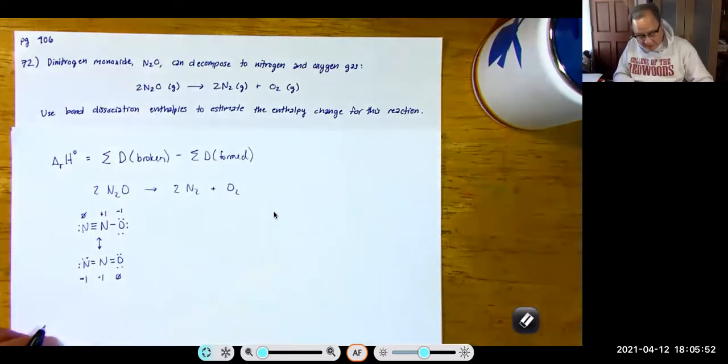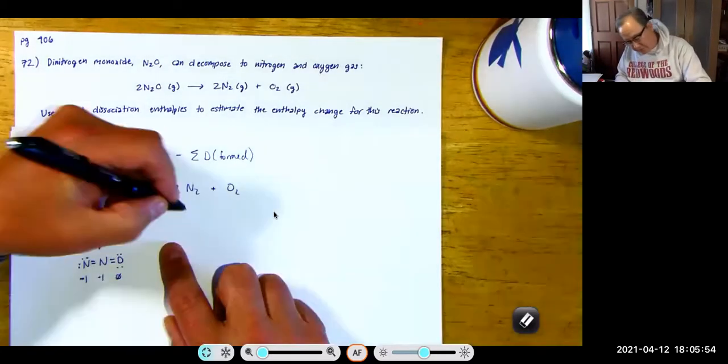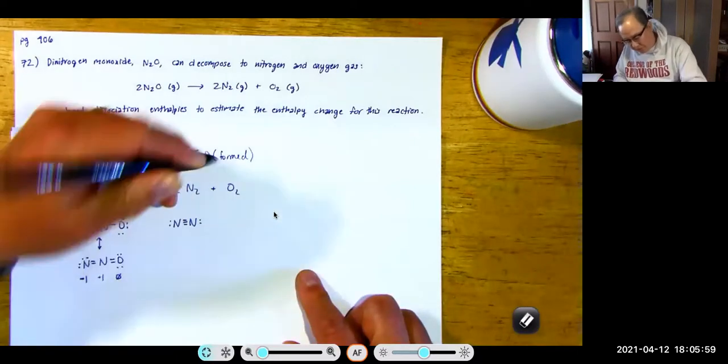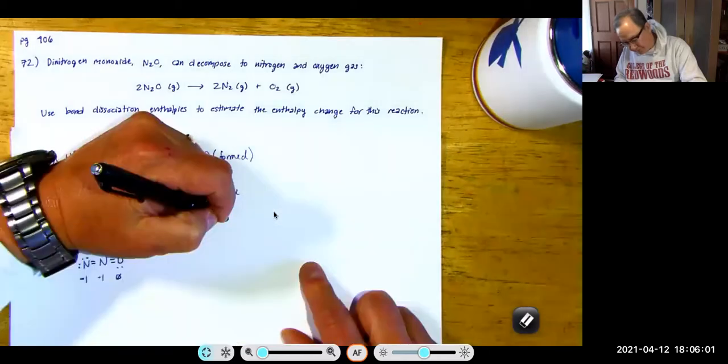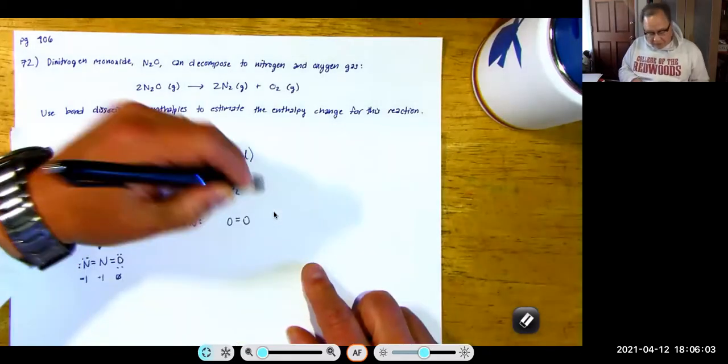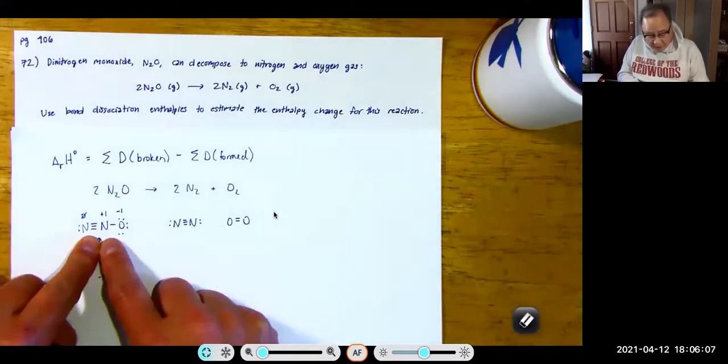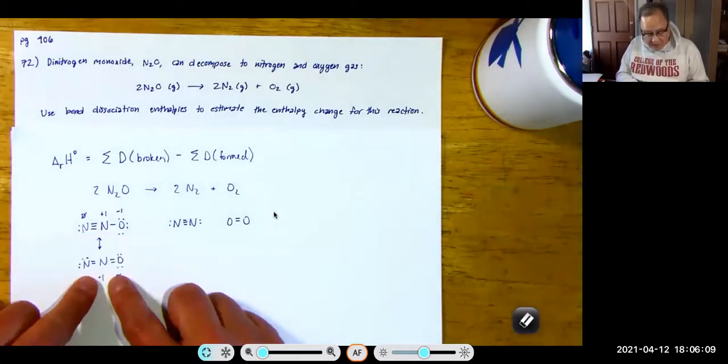Okay, and we have N2. And then we have O2. So we could use this structure up above to figure out what's going on, or this one below.